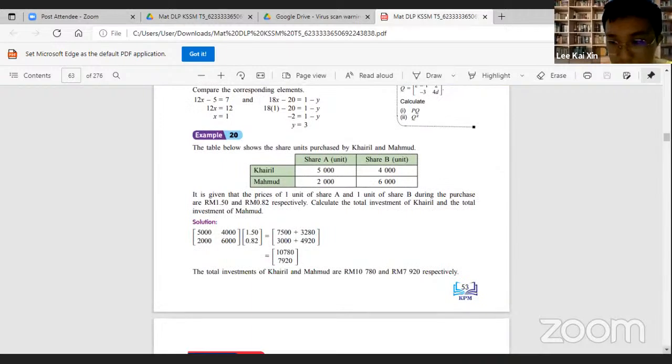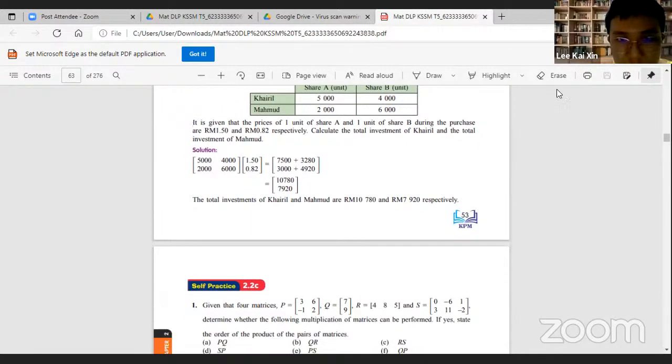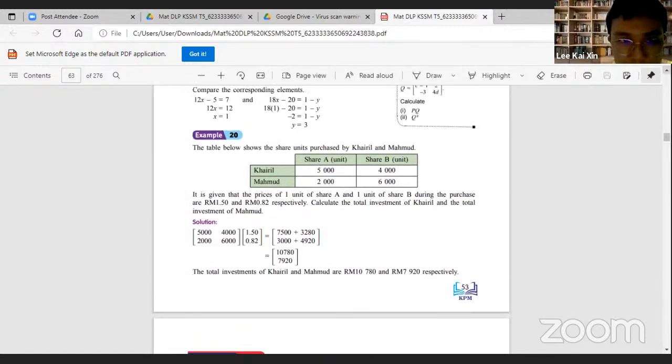Okay, now we do another in table form. The table below shows the share units purchased by Kyril and Mahmoud. Share A: Kyril got 5,000, Mahmoud got 2,000. Share B: Kyril got 4,000 and Mahmoud got 6,000.